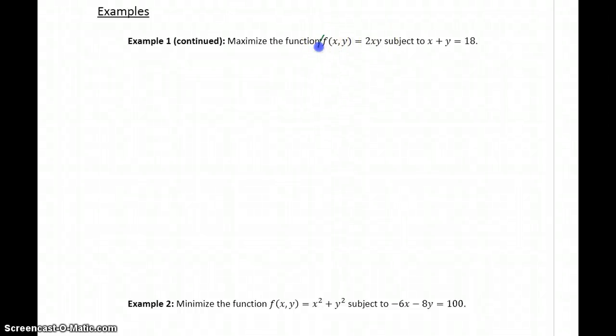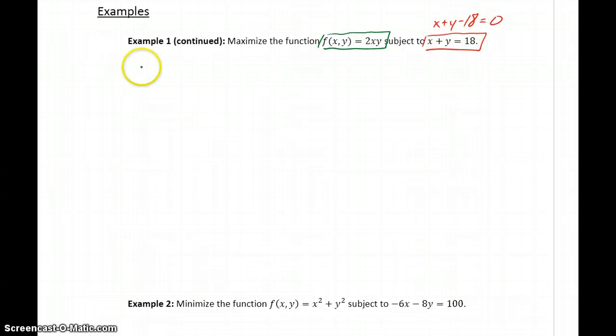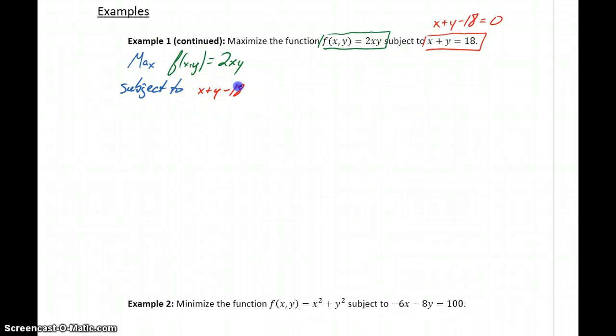We've already identified both the objective function and the constraint function for example 1, and seen that really what we want to do with this constraint function is rewrite it so it's set equal to 0, which means in this case if we want to maximize this function, our goal is going to be to maximize f of x, y equal to 2xy, subject to x plus y minus 18 is equal to 0.